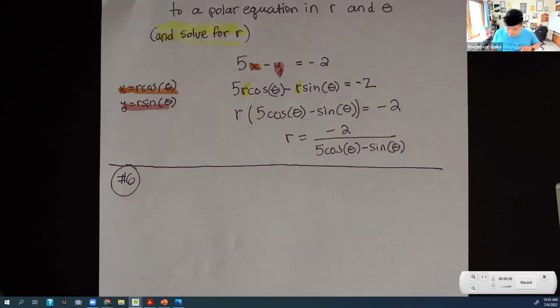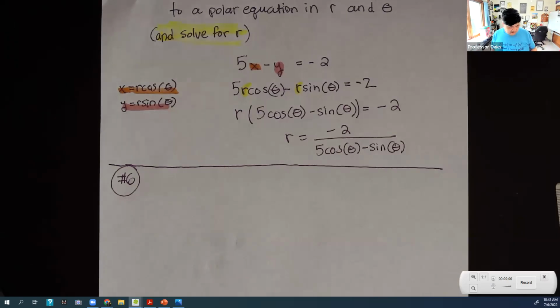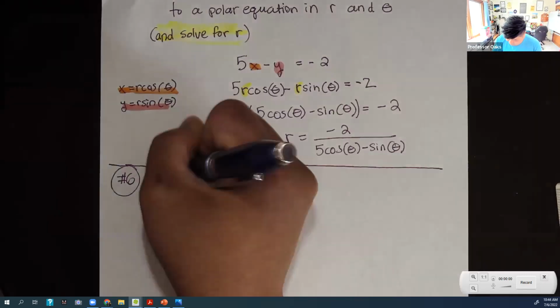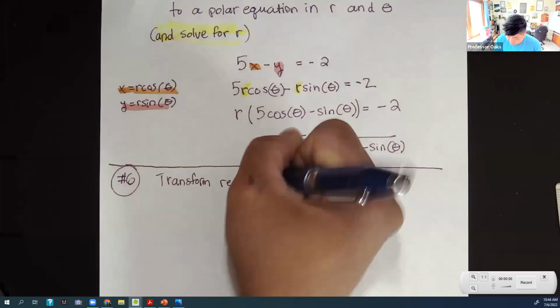So it's important to get the polar coordinates earlier on so that when you get to the other stuff, it's easier.